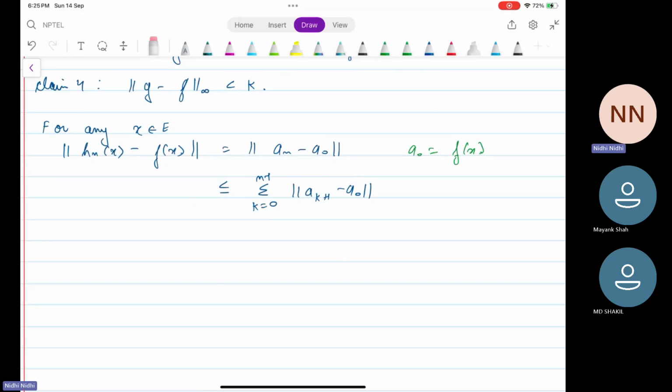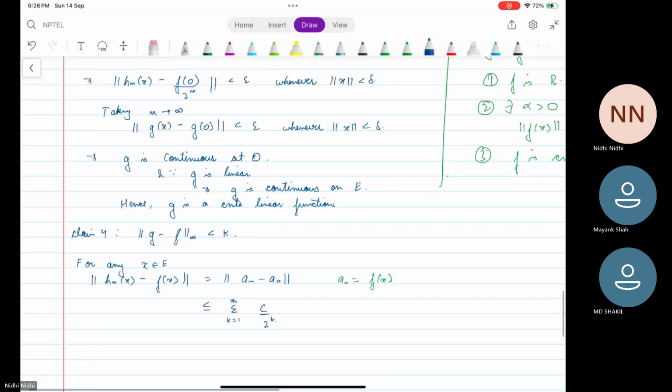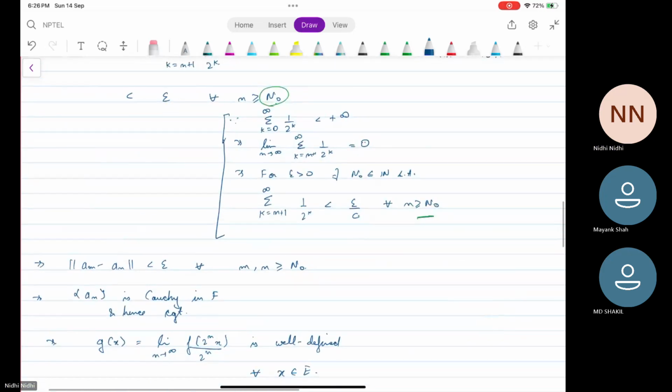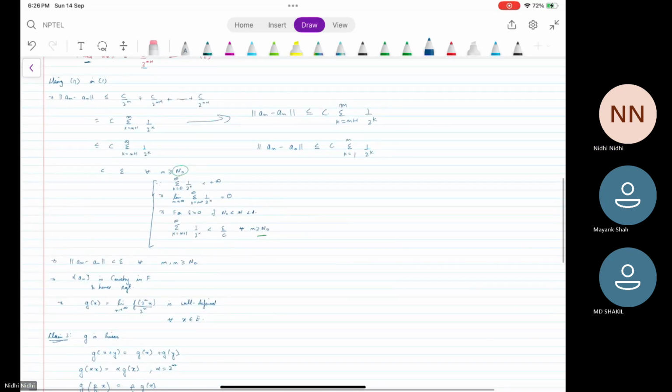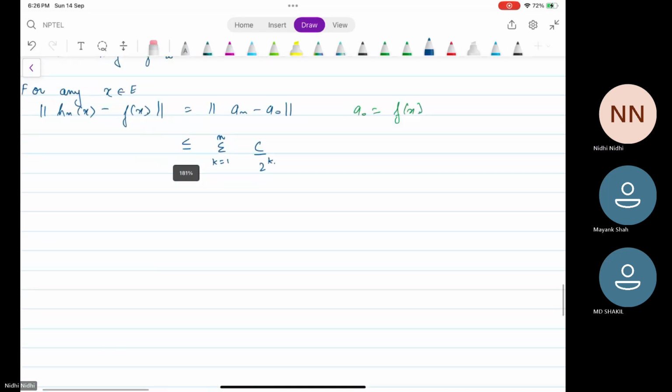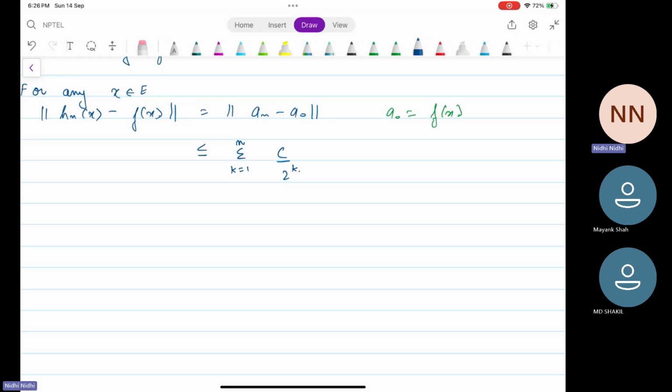So I can write it directly: this is less than or equal to the summation k from 1 to n of c upon 2 to the power k.